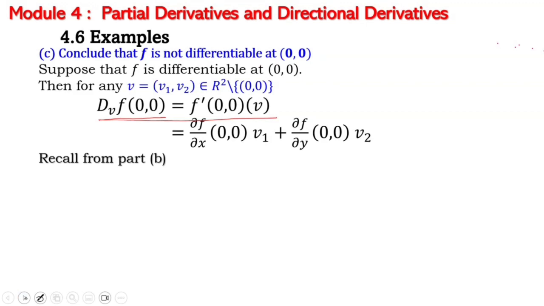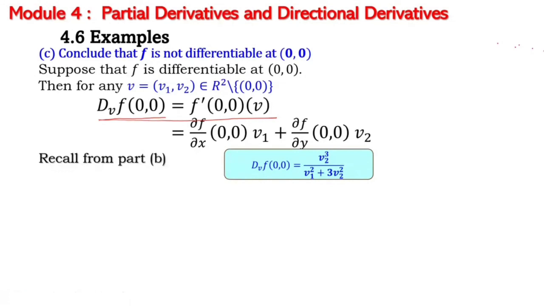Then from part B we have that the directional derivative of f at (0,0) is v2^3 over (v1^2 plus 3 v2^2), for v equal to (v1, v2). So if v is e1 = (1,0), then this is equal to the partial derivative of f along the x direction, which is equal to D_e1 f(0,0).